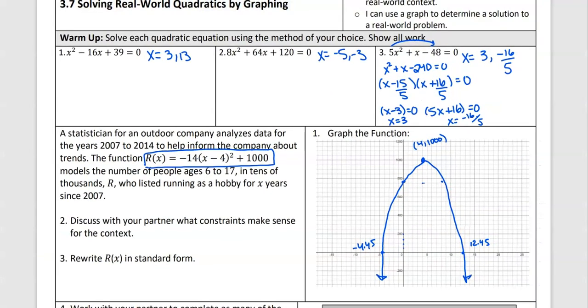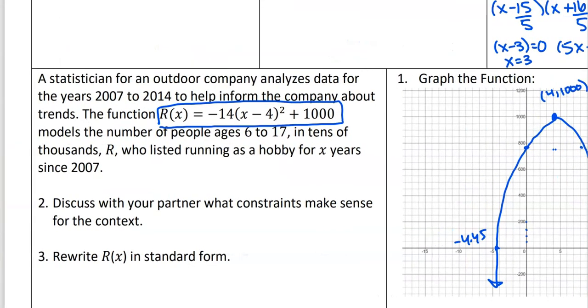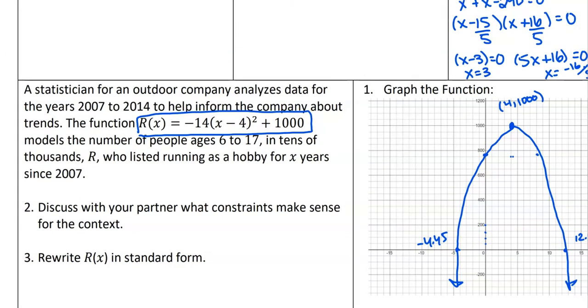Discuss with your partner what constraints make sense for the context. Since x is years since 2007, what are the only x's that we're worrying about? Positive ones, up to what? We're only looking between 2007 and 2014, so the only x's we care about are between 0 and 7.